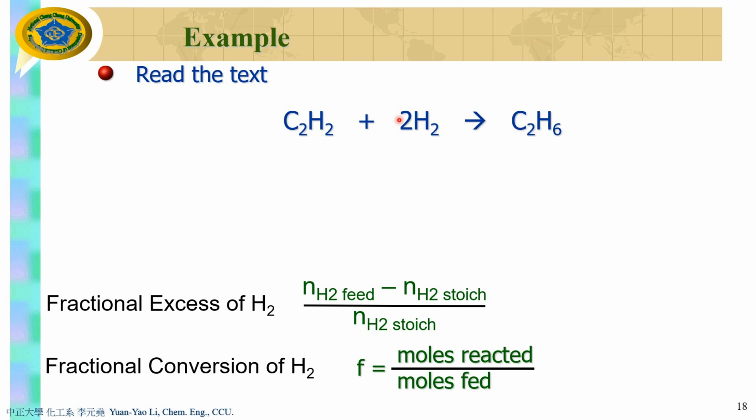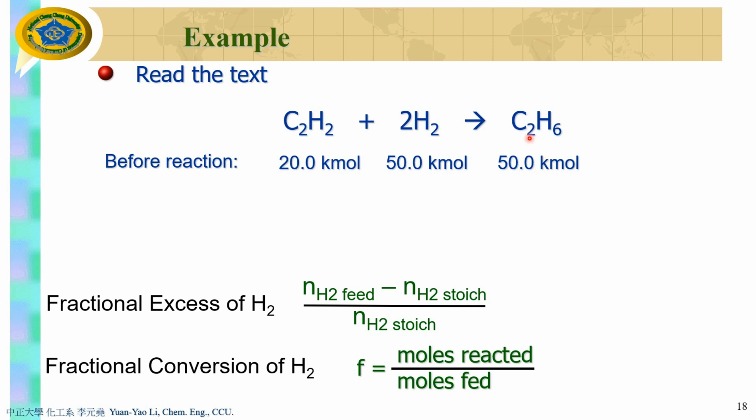So you have hydrogen here, and then you get ethane. Before the reaction, you have 20 kilomoles of the C2H2, and then you have 50 kmoles of the H2, and then you have 50 kmoles of the C2H6. So this is before the reaction.